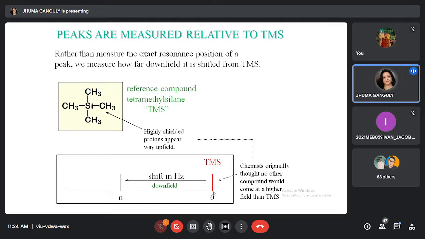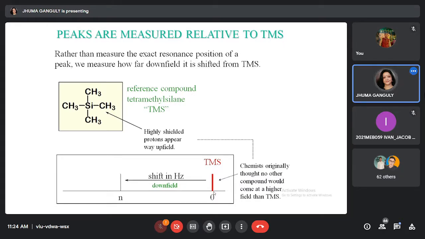Now TMS should have some special properties to be used as an internal standard. What are these? First, when used as an internal standard, it should be so inactive that it does not chemically interact with the molecule for which it is used.